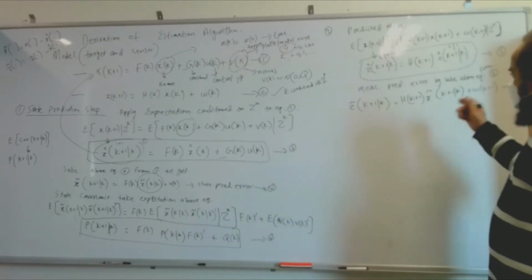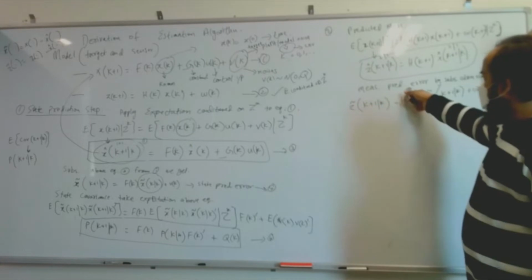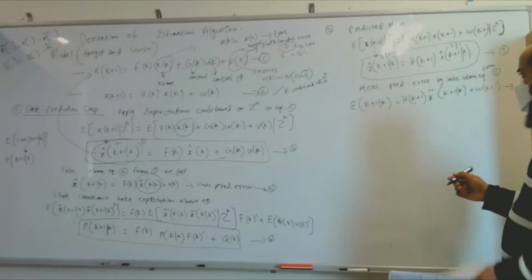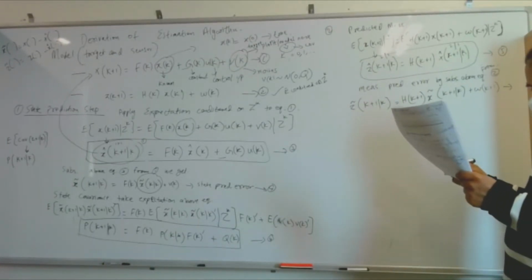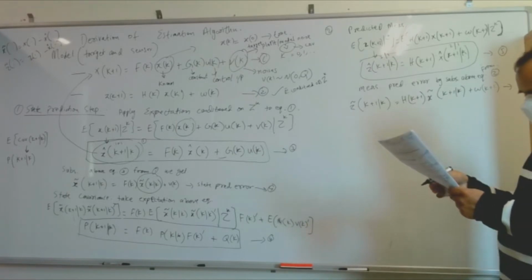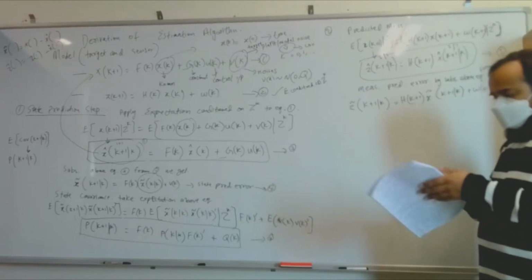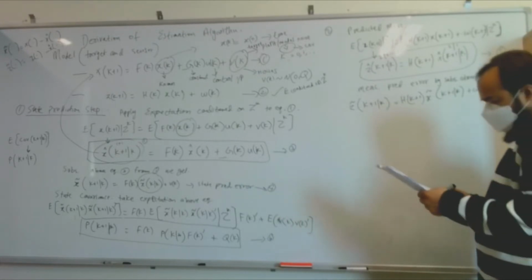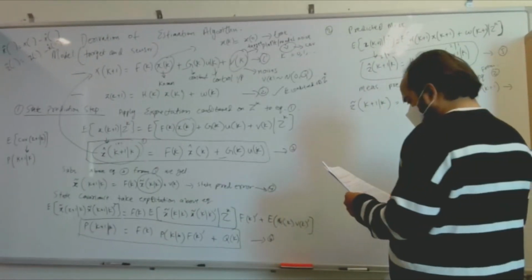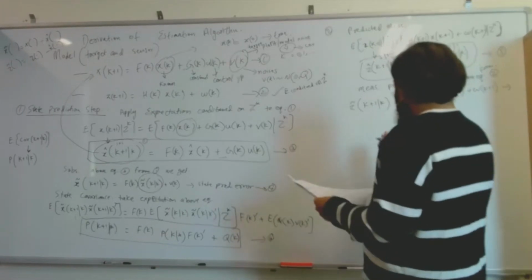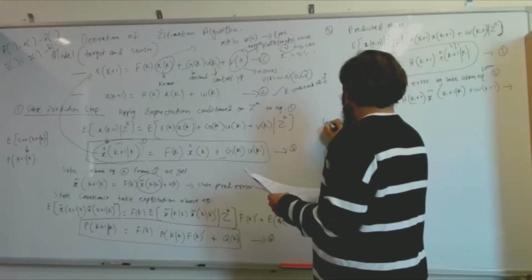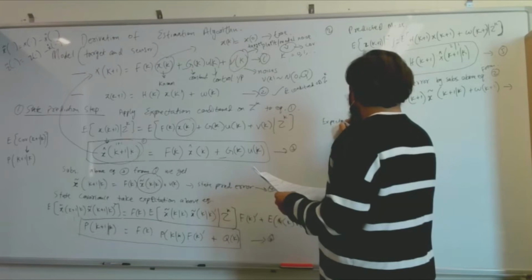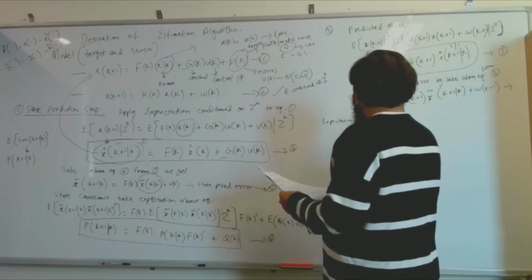So for the covariance of this prediction error, we must apply the expectation over this equation, conditioning on zk.